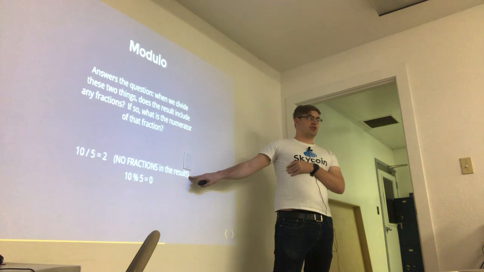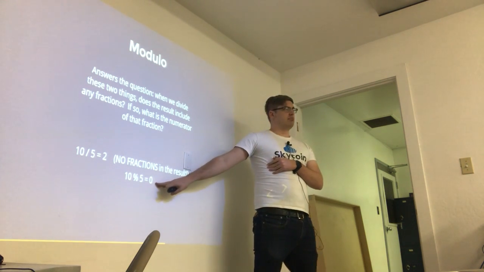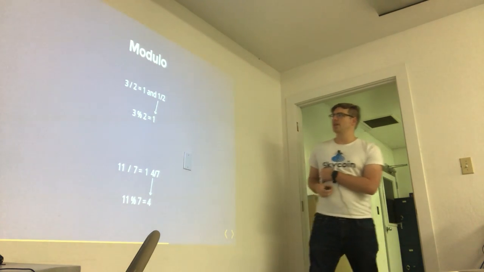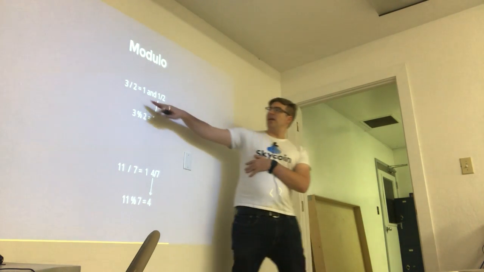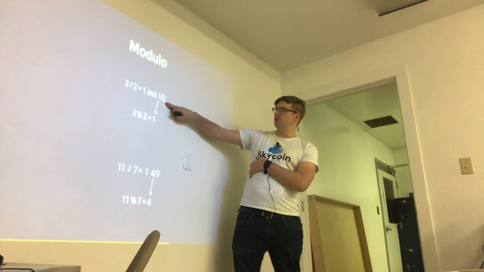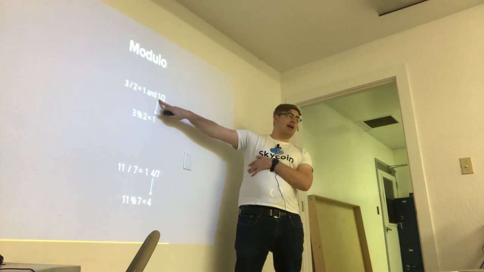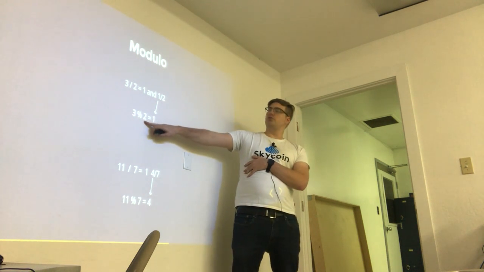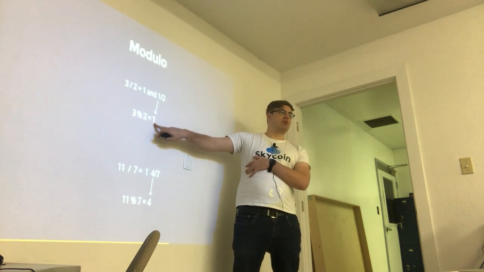There are no fractions in the result. So 10 modulo 5 is 0. So let's take 3/2, which is 1 1/2, right? The top of that fraction is 1, right? So 3 modulo 2 is equal to 1. I want you guys to check that and make sure that I'm right in your interpreter right now.